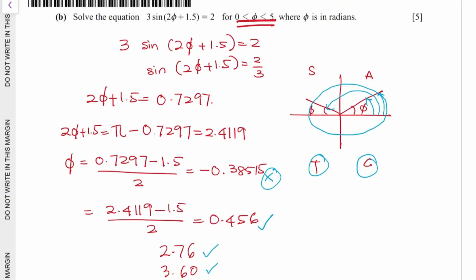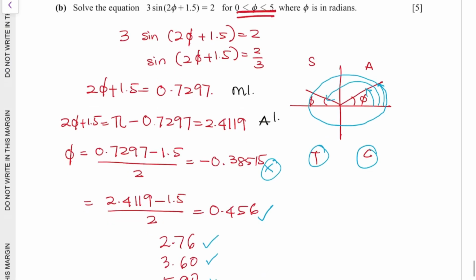And how do you get marks for this? You'll get the first mark when you equate sine of that angle equals 2 over 3, in which 2 phi plus 1.5 is equal to 0.7297. This is M1. Next mark is when you figure the repetition, right? So when you have 2.4119 at least, you'll get your A1.